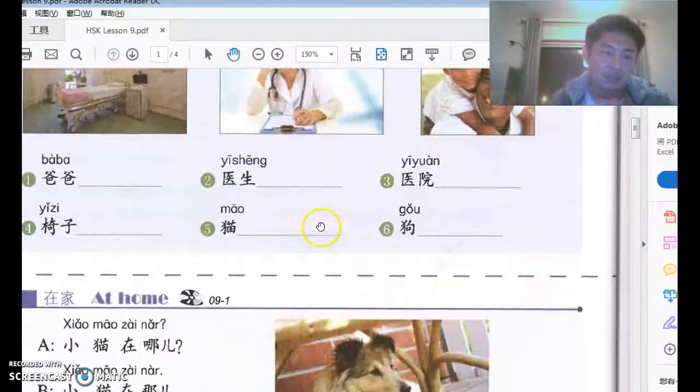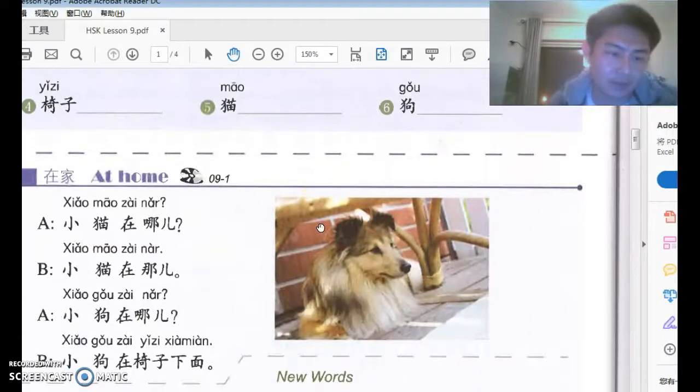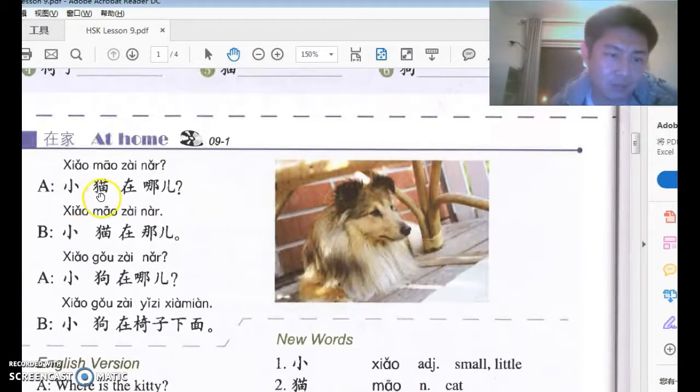And then let's take a look at conversation number 1. A says 小猫在哪儿? Little cat, kitten, at where? So this 在 seems like not just at or in, but also to be or to be at, because there's no verb in this sentence.